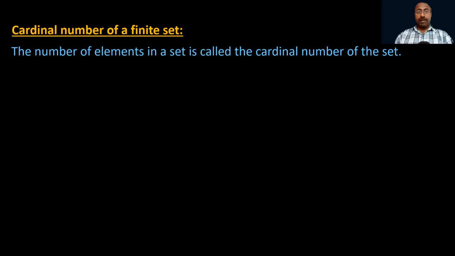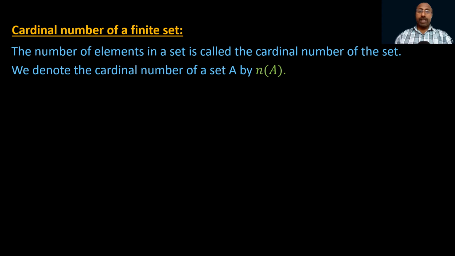If in a set 10 elements are present, then the cardinal number of the set is 10, like that. And we denote the cardinal number of a set A by n(A). So observe here, n(A), like that.